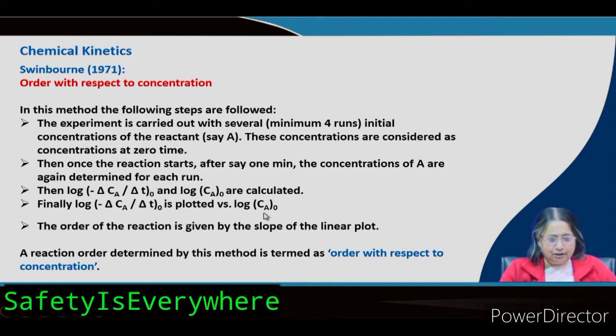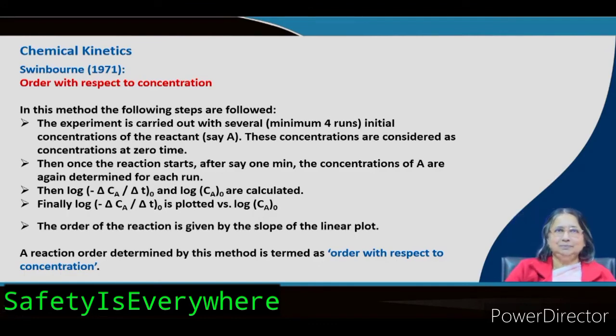Okay. So, here also we have to see the slope of the straight line. Once the slope is known, we can find out the order of the reaction from the linear plot. Okay. So, the reaction order determined by this method is termed the order with respect to concentration.